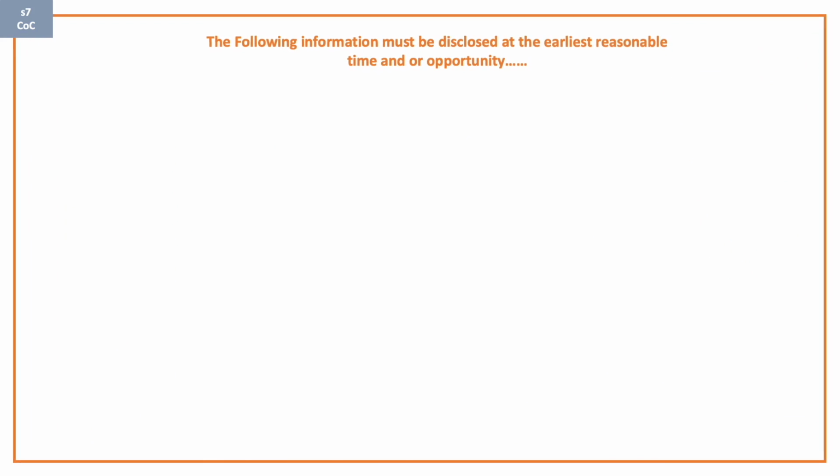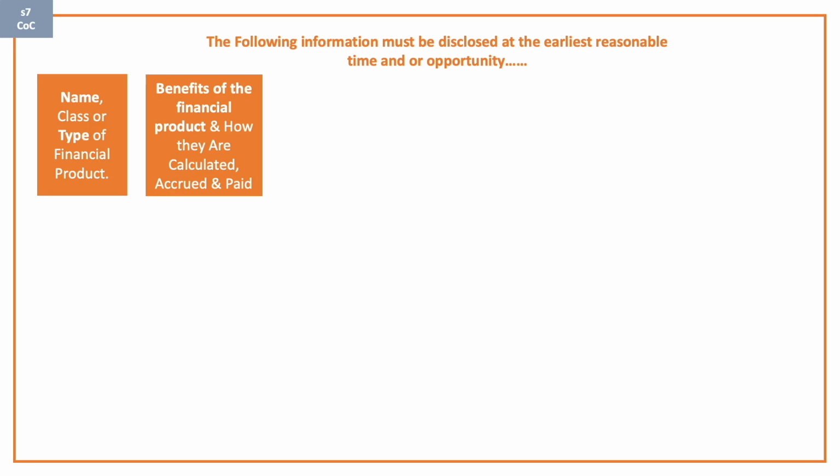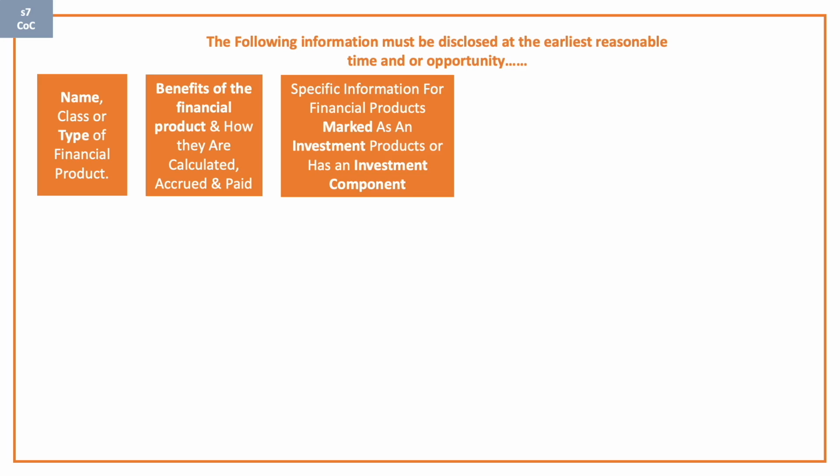Section 7, paragraph 1c states, the following information must be disclosed at the earliest reasonable opportunity and time. 1. The name, class, or type of financial product. 2. The benefits of the financial product and how they are calculated, accrued, and paid out. 3. The specific information for financial products marked as an investment product or has an investment component. 4.